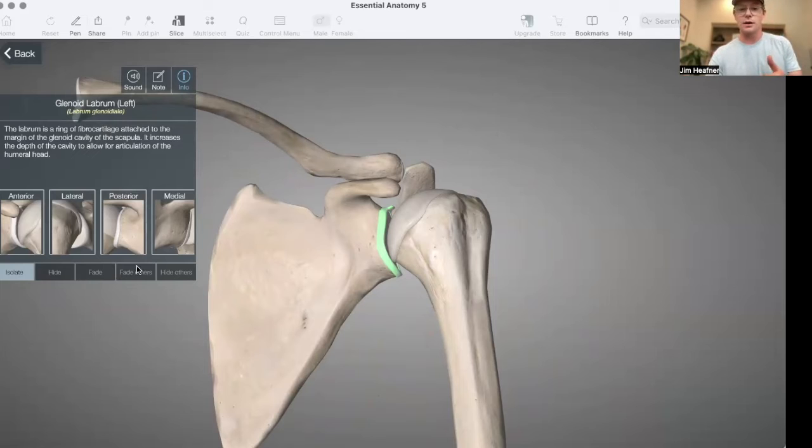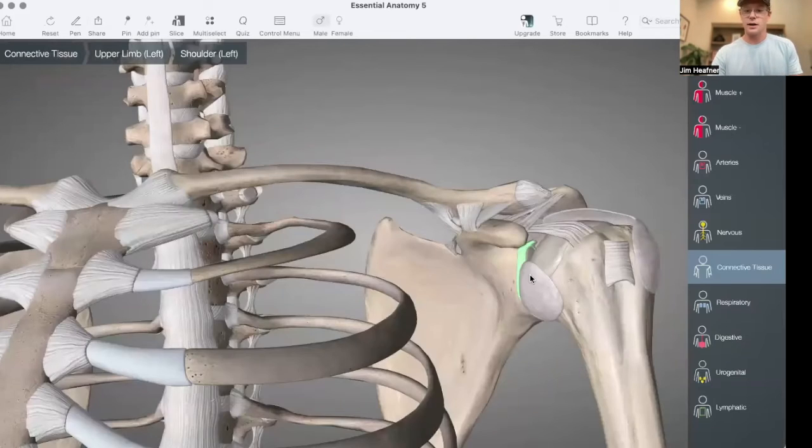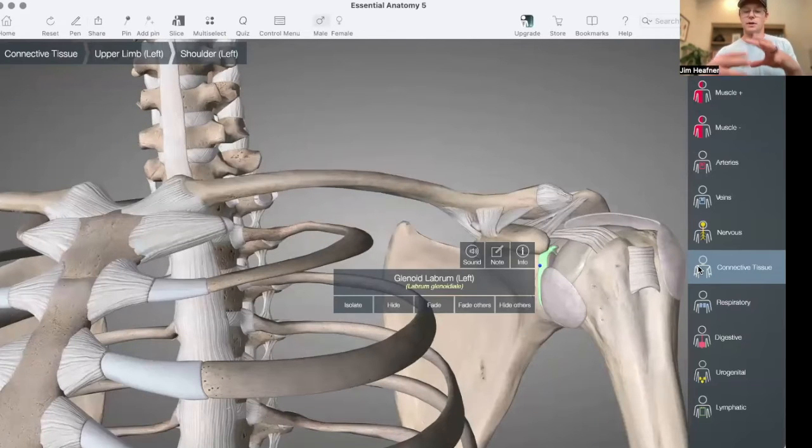Now, the bursa, the labrum, as you can see here, and then the synovial membrane or the joint capsule, those all have sensory innervation that goes back through the suprascapular nerve and the axillary nerve as sensory input. And that all goes back through the C5, C6 nerve root.